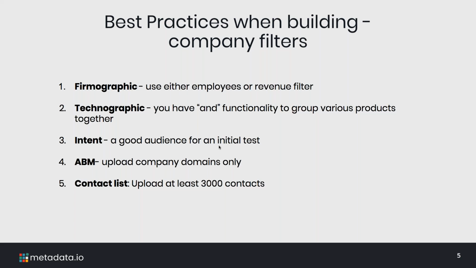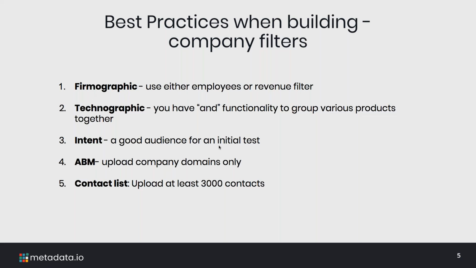So let's go into best practices when building custom audiences using company filters. For firmographics, what I would recommend is using either employee size or revenue size filter, but not using them together. When you use those two criteria together, you'll get a more restricted audience.